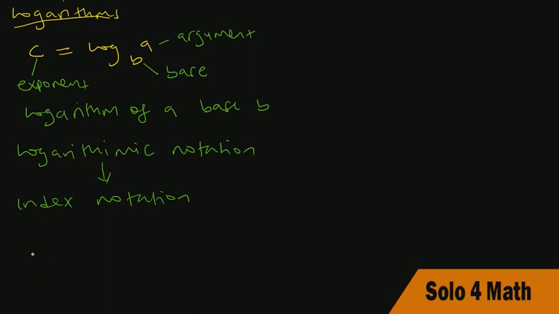So C equals log A base B, in index notation, you keep the base, and then we have this C coming to power the B, and this will be equal to A. The base remains the same, but this one goes down, and this becomes the power of B. This is what we call index notation.